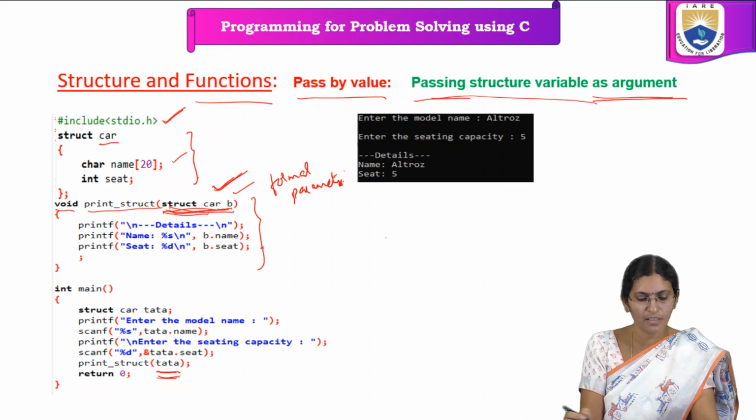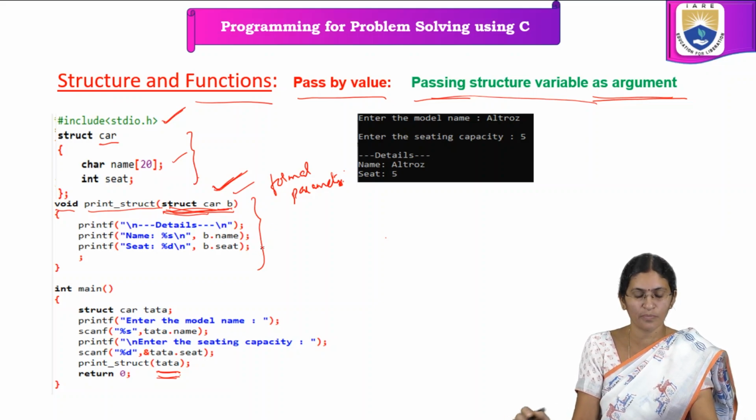Inside this, the main task of the function is just to print the details of the variable. Any variable we declare for this structure will have two members, and these two member values will be printed. That is the task of this function.